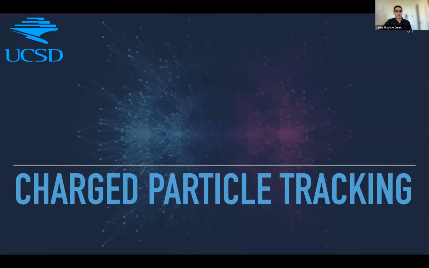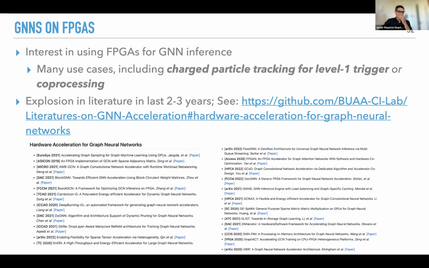Okay, I'm just gonna speed through the last part, which is of high interest to the workshop. There's a lot of interest in using FPGAs for GNN inference, and there are many use cases like charged particle tracking for the level 1 trigger or for co-processing with an FPGA. In the last couple of years, there's been an explosion in the literature of people, especially CS people and ECE people, exploring hardware acceleration for graph neural networks.